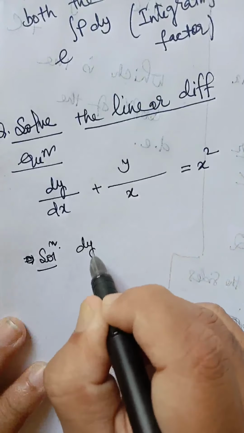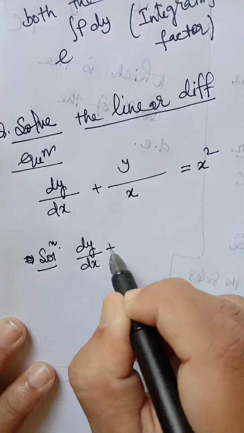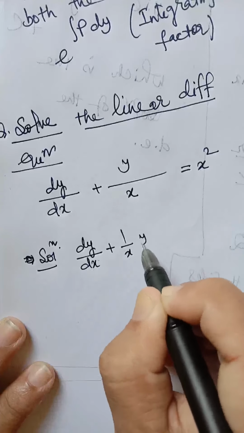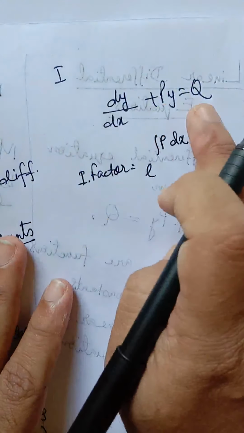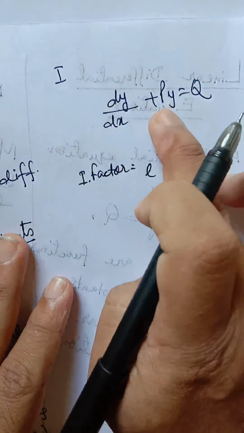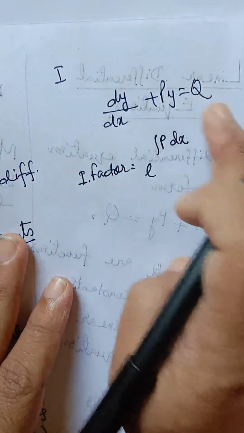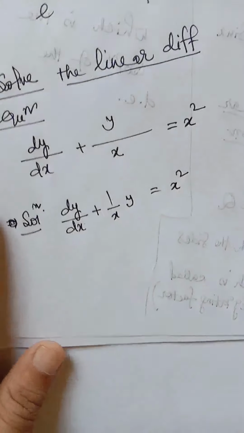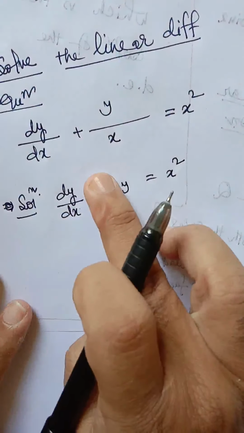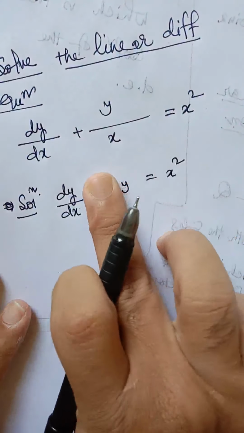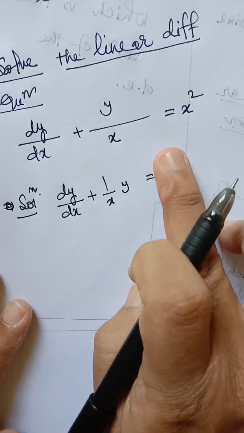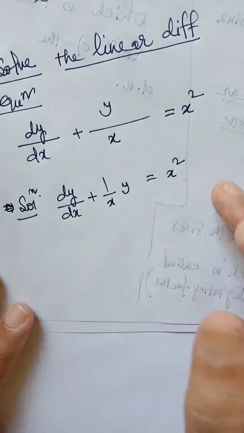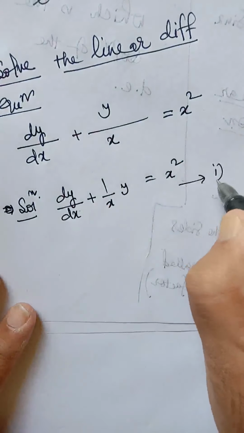This is of the form dy by dx plus py equal to q, the first form of linear differential equation, where p and q are functions of x. Here p is a function of x, q is also a function of x. So this is a linear differential equation. We will mark this by 1.